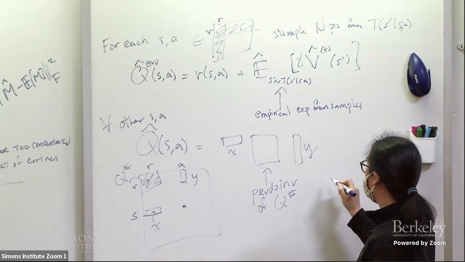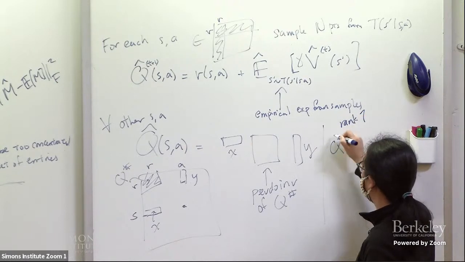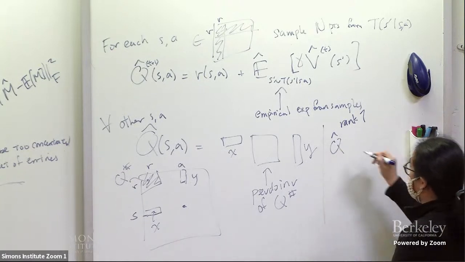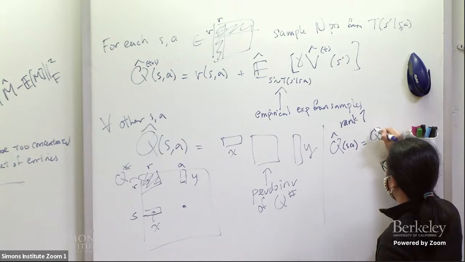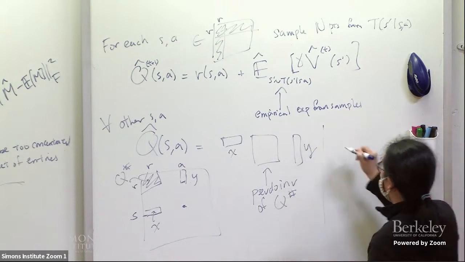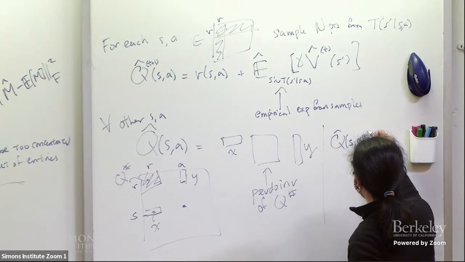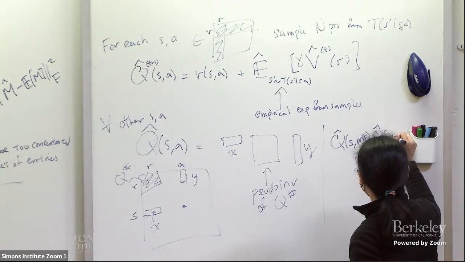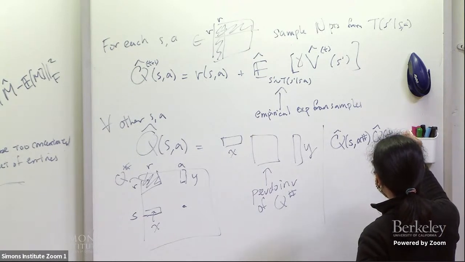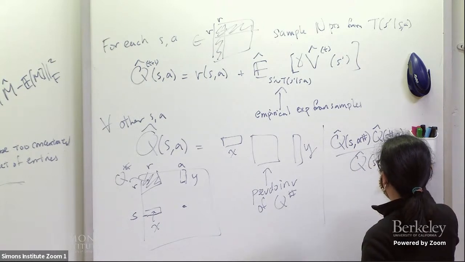And for rank 1, this looks like Q hat S A equals Q hat S A sharp, Q hat S sharp A, over Q hat S sharp, A sharp.